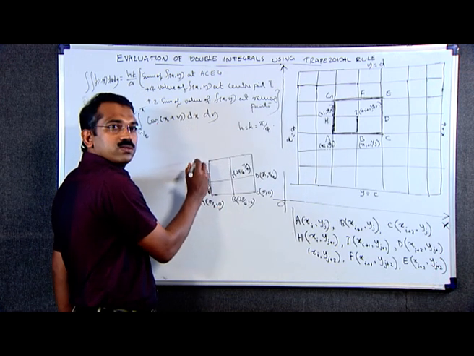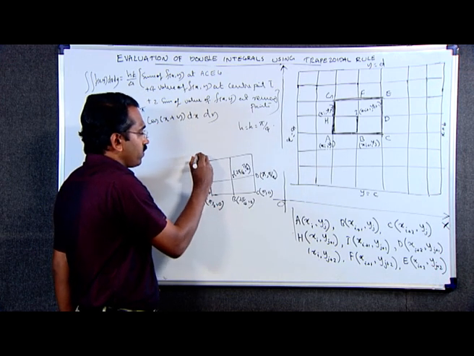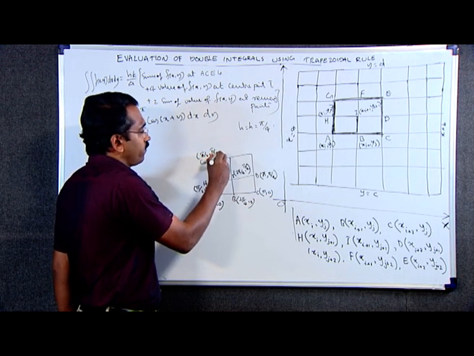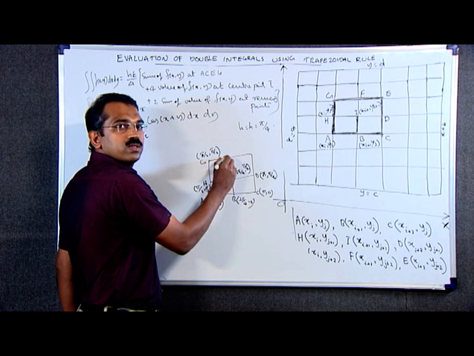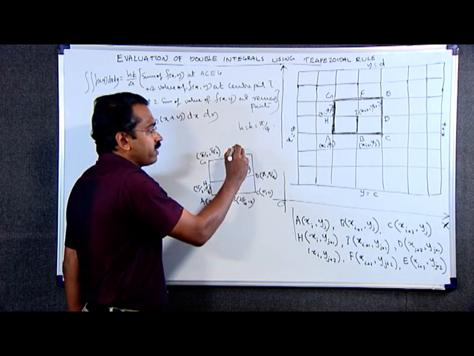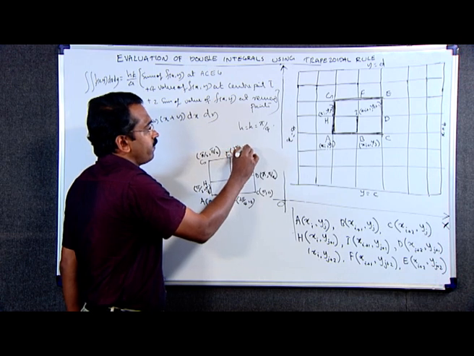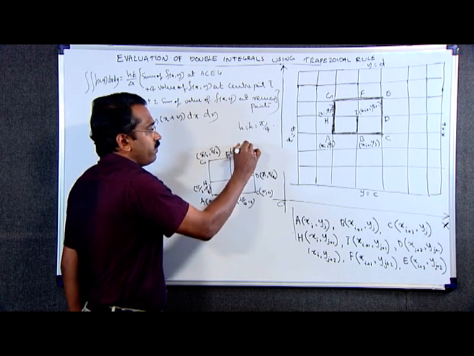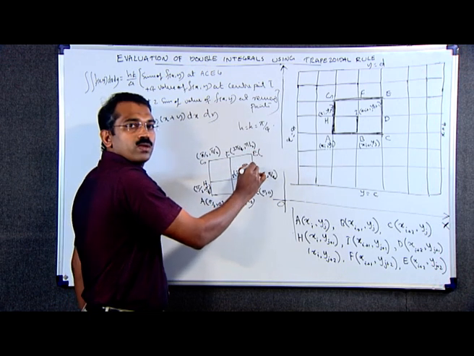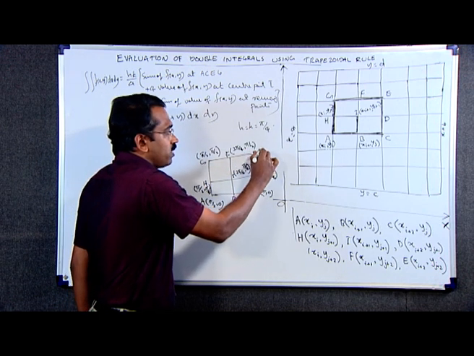This point is G, which is pi by 2 comma pi by 2. This is F. F is the point 3 pi by 4 comma pi by 2, and this corner point is E, which is pi comma pi by 2.